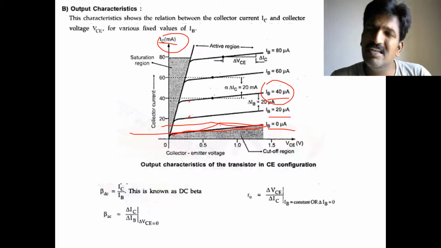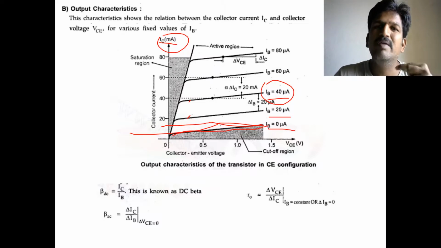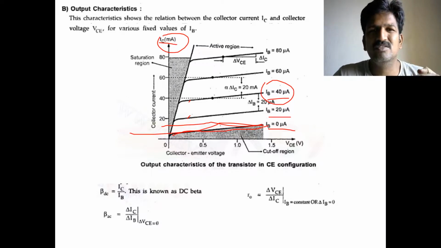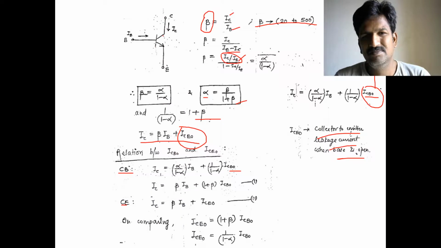Microamps are much smaller than milliamps. The smallest change of the IB current makes the conduction of the transistor become much more, so you get more current passing through the transistor in terms of the collector current. That is called amplification basically.